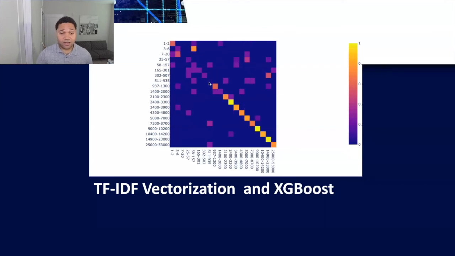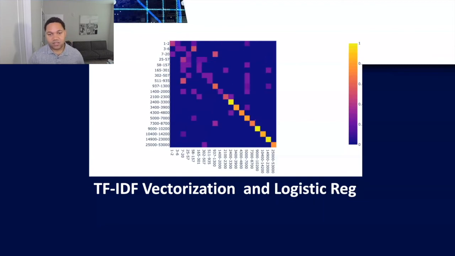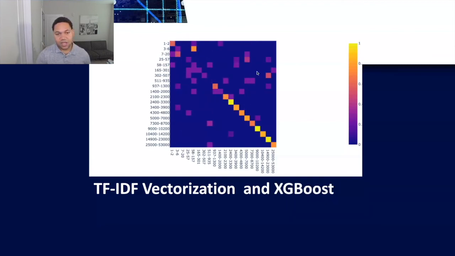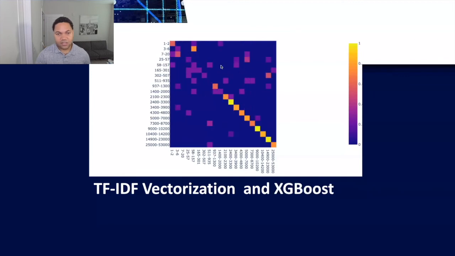Now this is a little different. This is TFIDF with XGBoost, and you can see very different results. It changes a lot here. Some of this becomes less, so there's a little less up here, so it doesn't underpredict significantly. But some of these values are getting higher.